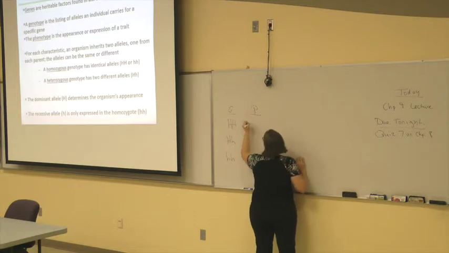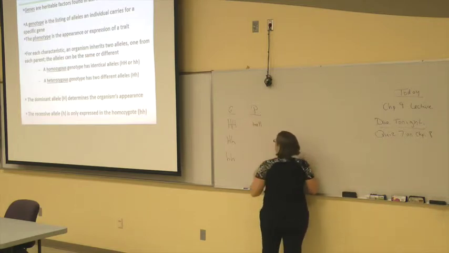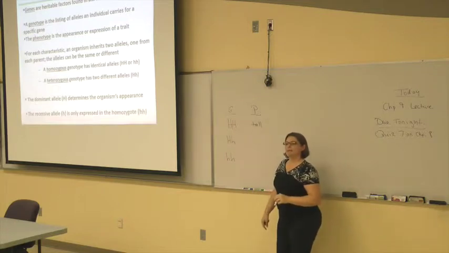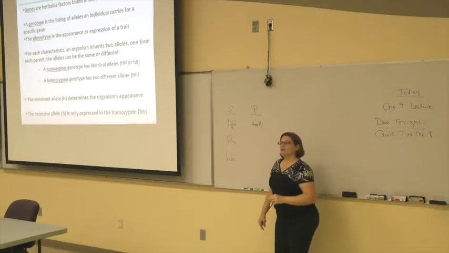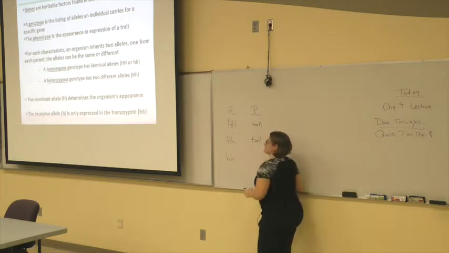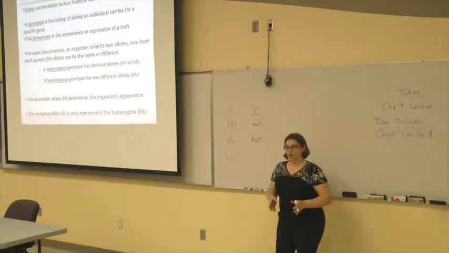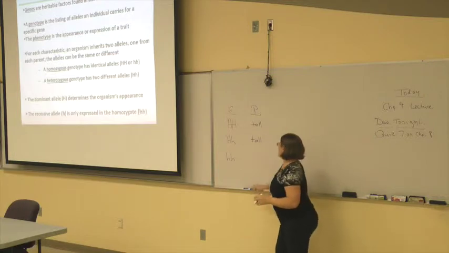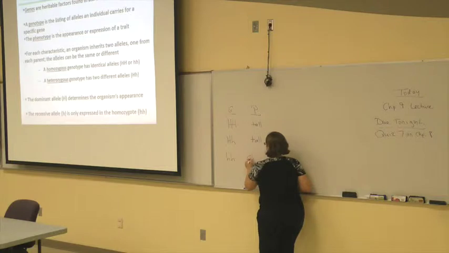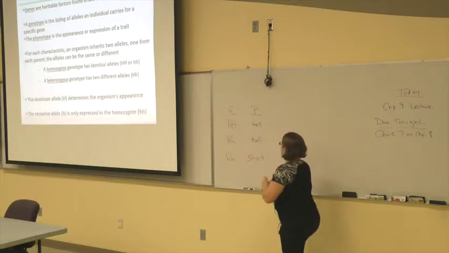So the phenotype is tall. What about this genotype, big H, little h? What phenotype? Tall. Remember, tall is dominant to short. Little h, short. Does that make sense?